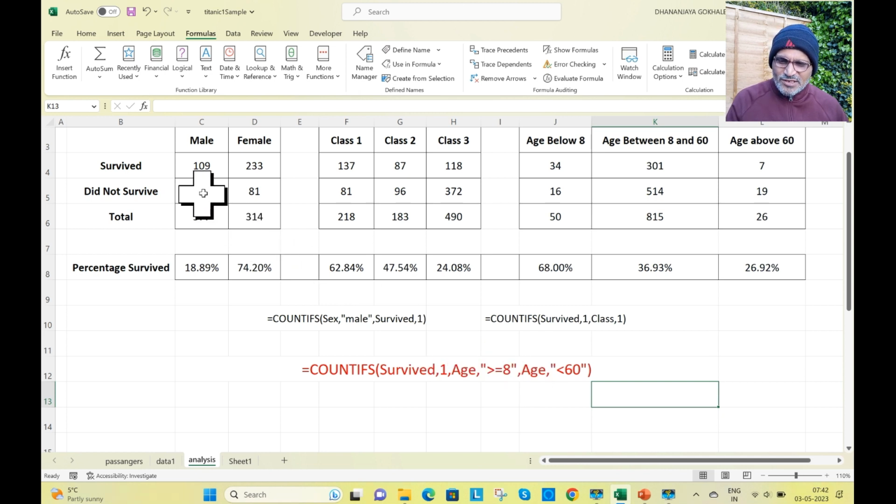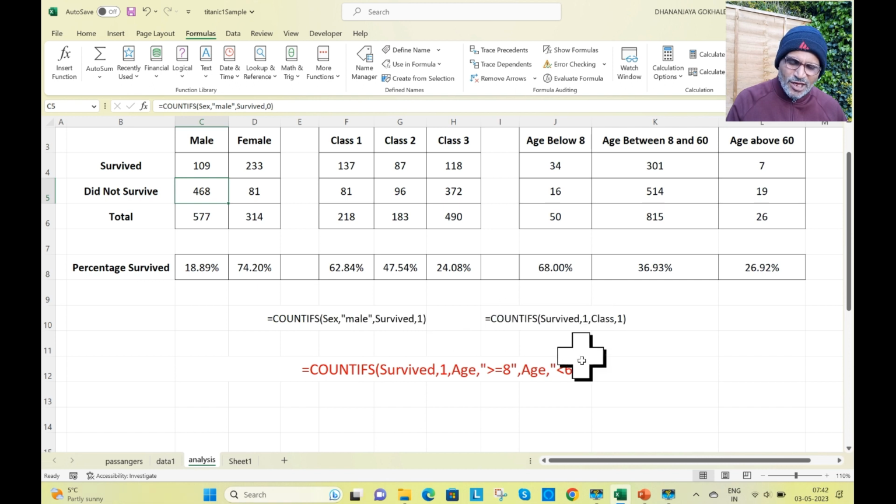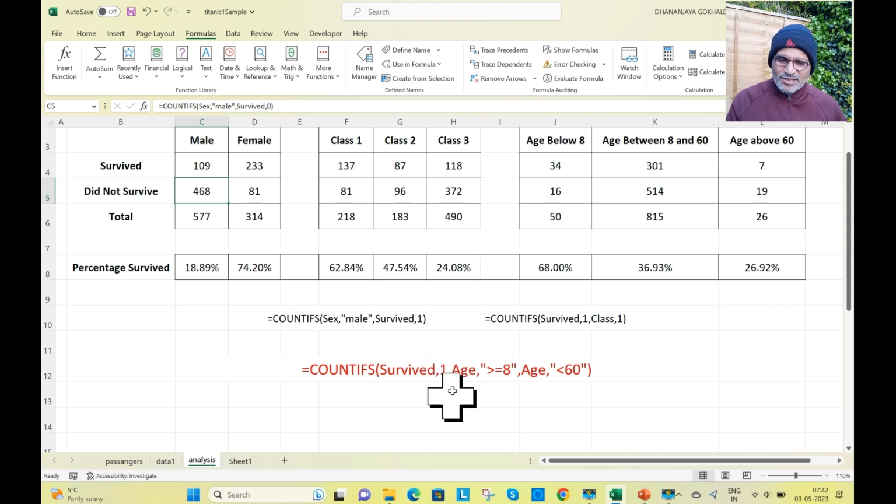So once we have got it, it's pretty much similar. And what about did not survive? All these three formulas would work exactly the same, except for a small change we have to make. Where we have put the criteria range as survived and value 1, instead of 1 we just make it 0. That's it. Instead of 1, you make it 0 and you'll get people who did not survive. All other formulas remain the same.